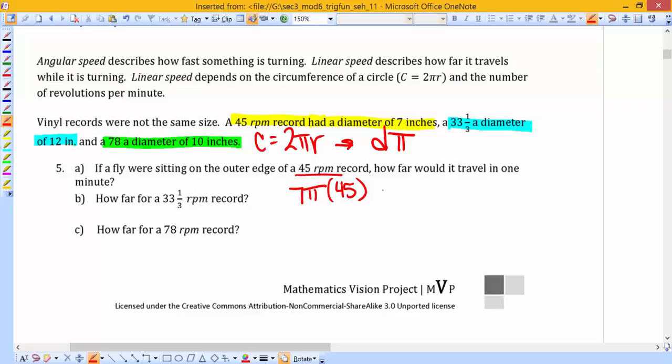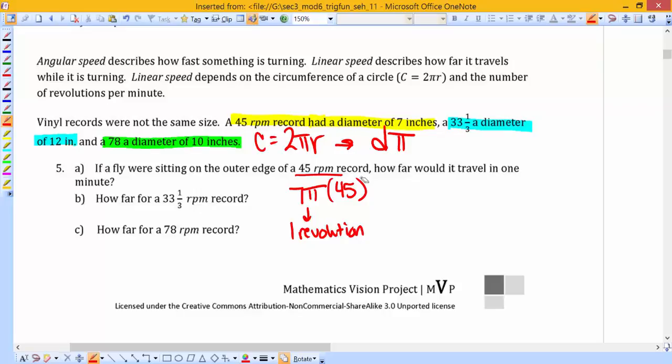So this represents 1 revolution, but I have 45 revolutions to make, and I don't think you want to do 7 pi 45 times, so we use our multiplication. So 7 pi times 45. That's going to give you the linear distance, or linear speed.